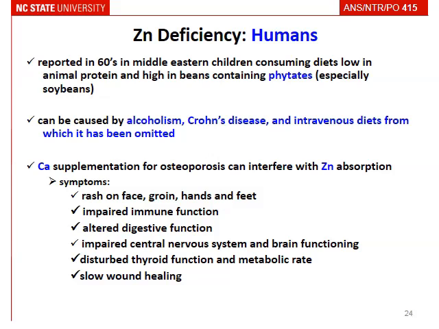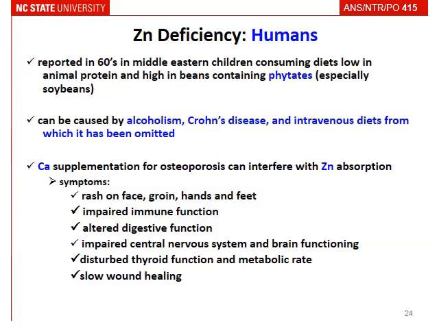If you remember from previous lecture, phytate is an inositol ring that has phosphates on each of the 6 carbons, and those phosphate groups are able to bind our various minerals such as zinc, iron, calcium, magnesium.